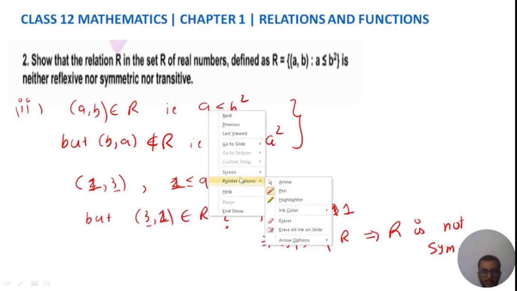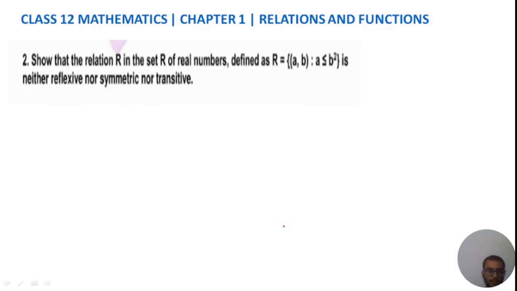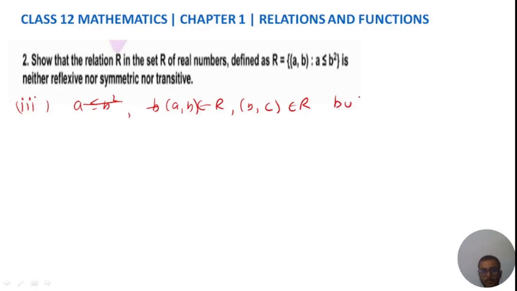Now let's move to transitivity. For transitivity, we want (a, b) in R, that is a is less than or equal to b square, and (b, c) in R, but (a, c) is not in R. This is what not transitive will mean, right?